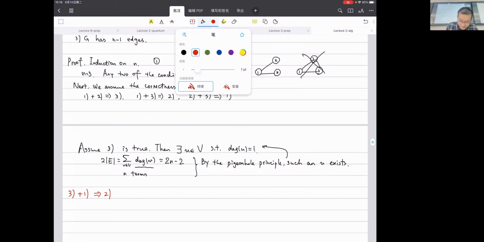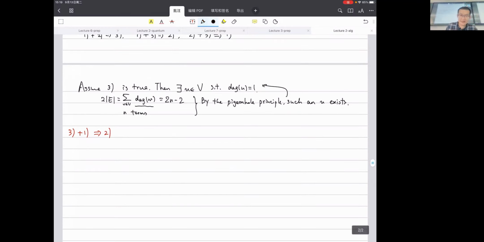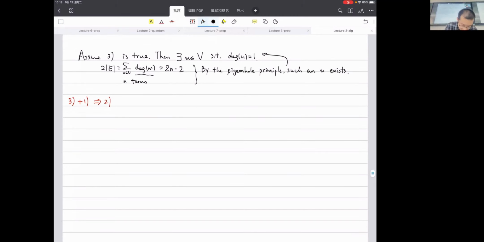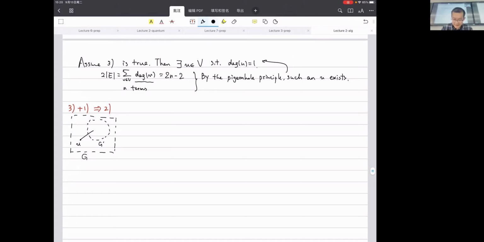The argument is why we want to specifically look at a vertex whose degree is 1. Let's draw the graph like this. This is U, and because we know U has degree 1, there exists exactly 1 edge like this. And you have the other parts of the graph, which we can call G prime, and this in total is your graph G. By the way, one thing to mention is that we cannot have a vertex whose degree is zero here.